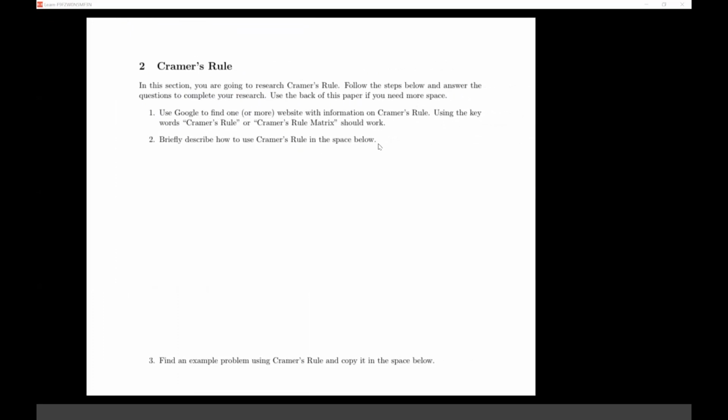Now, why would I put an assignment like this in here? When we do this in class, the idea is to give you an opportunity for looking up useful information on the internet. Another thing that you probably are going to wind up doing in your careers is finding out things that you don't know the answer to. Remember we talked about that a little.